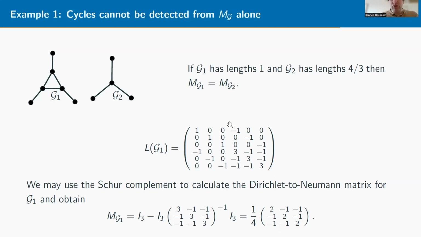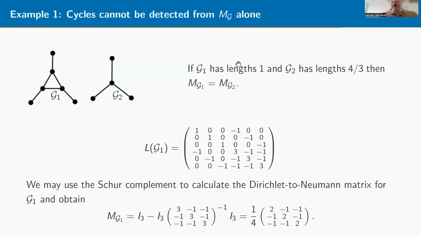We can just do the calculations if you like. So first of all, you would consider here the graph Laplacian, the discrete one, by our labeling. If you remember, the first entries are the boundary vertices. So we have here 1, 1, 1 as a degree, and we have 3 interior vertices, and they all have degree 3.